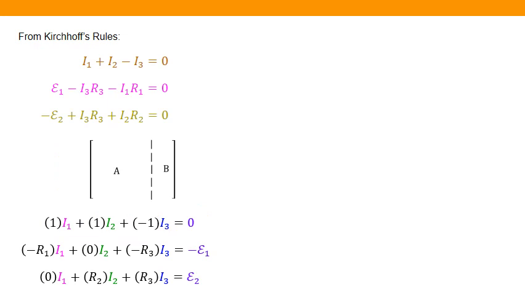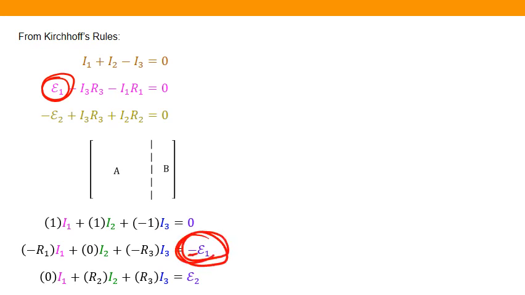You may have to insert zeros because some of our equations, like this middle equation, don't have I2 in them. That just means that it actually does, but we've got 0 multiplying I2. You'll also have to be careful because any of our terms not multiplying I1, I2, or I3 have to be moved over to the other side of the equation.